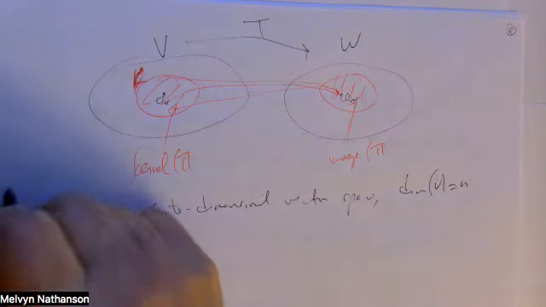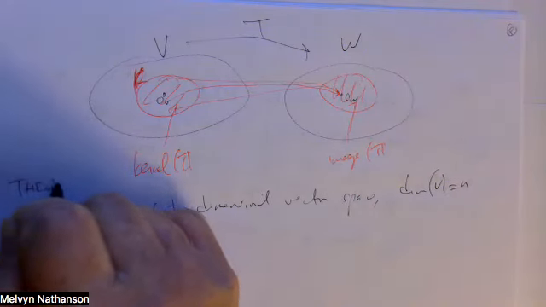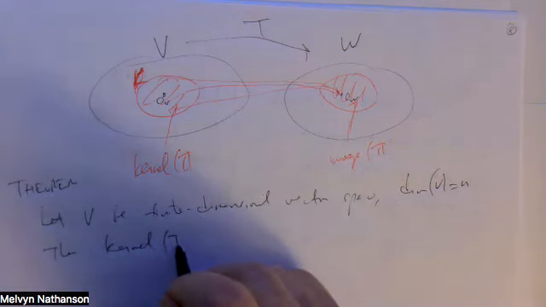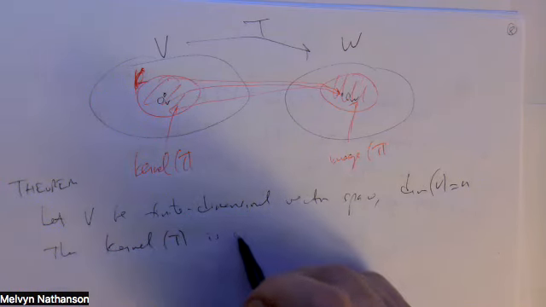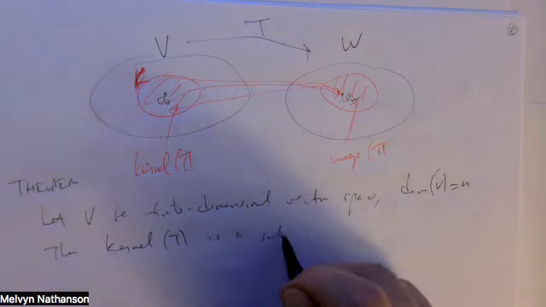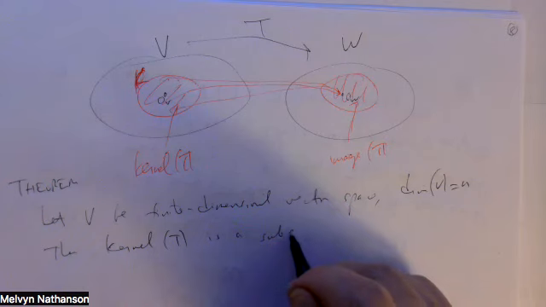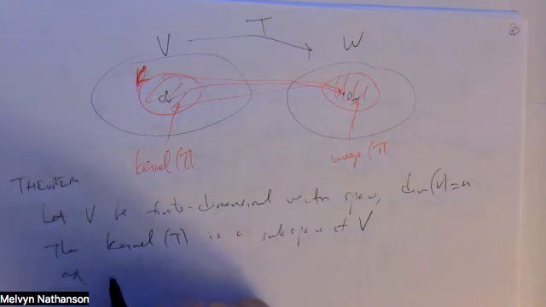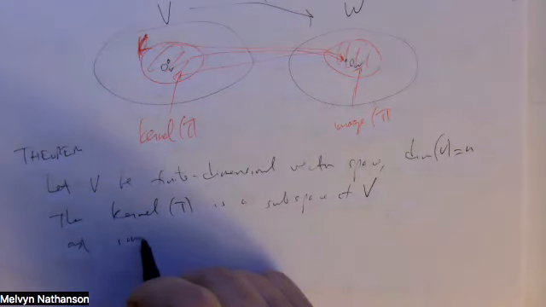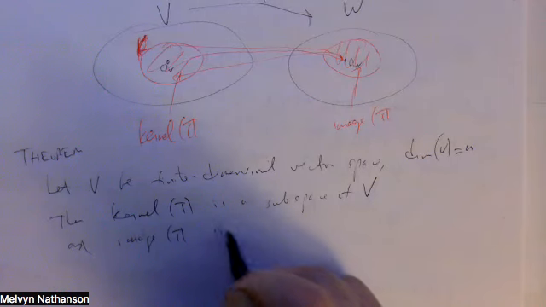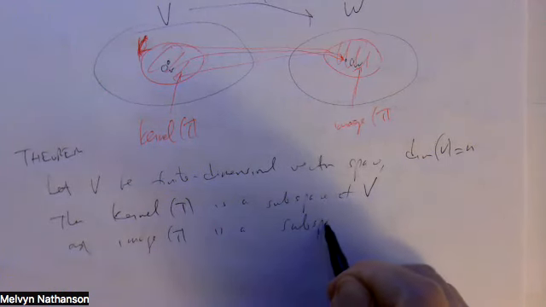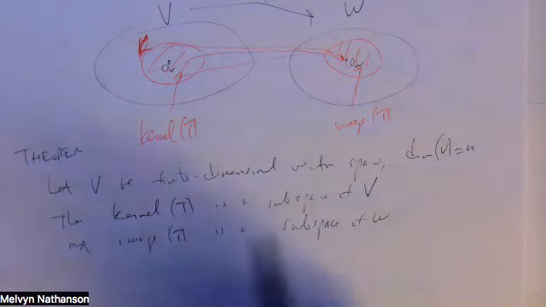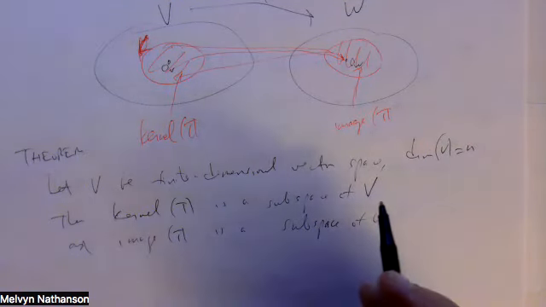Then, so this is a theorem: the kernel of T is a subspace of V, and the image of T is a subspace of W. We know that was what we proved in the previous two lemmas.